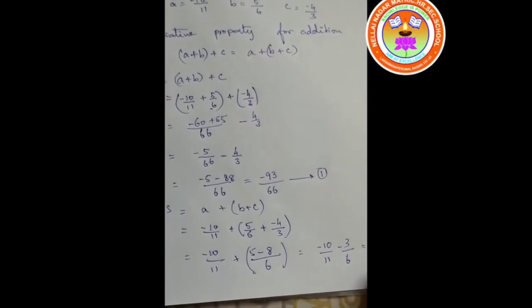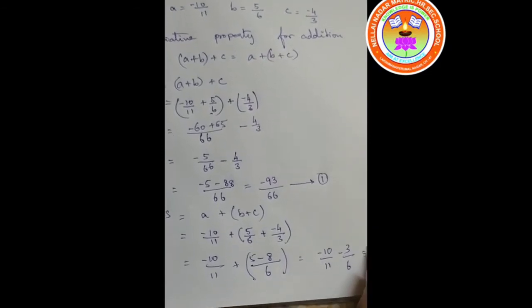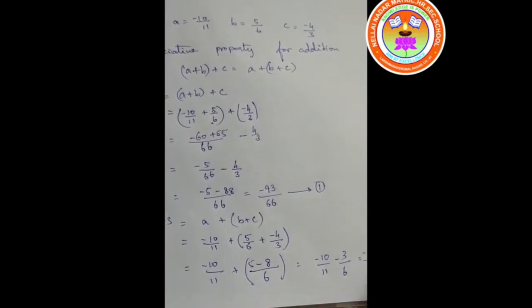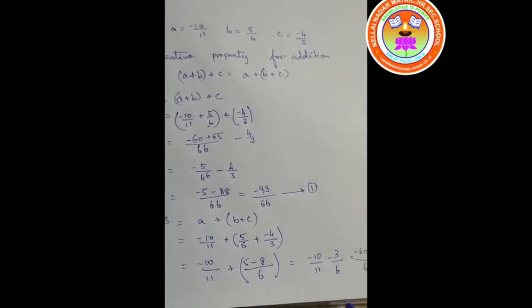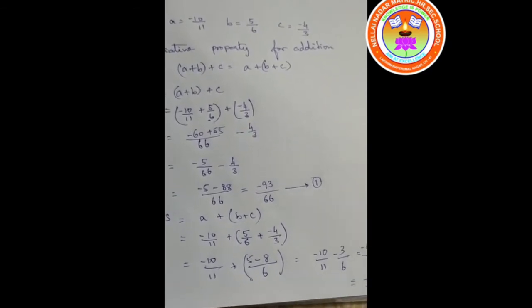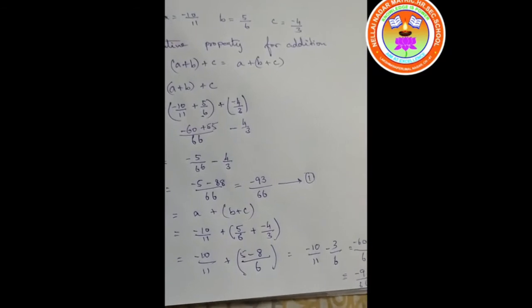LCM for these two is 66, minus 60 minus 33. If you add both, you will get minus 93 by 66, equation number 2.